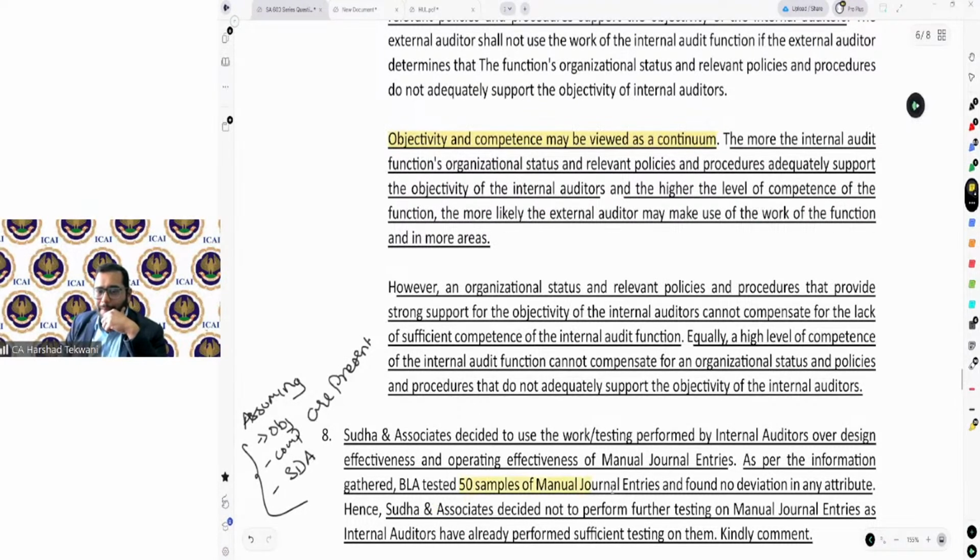So 50 samples are already tested and no deviation was identified in any attributes. Plus, there are two controls that have been tested, and they are saying both are designed and operating effectively.